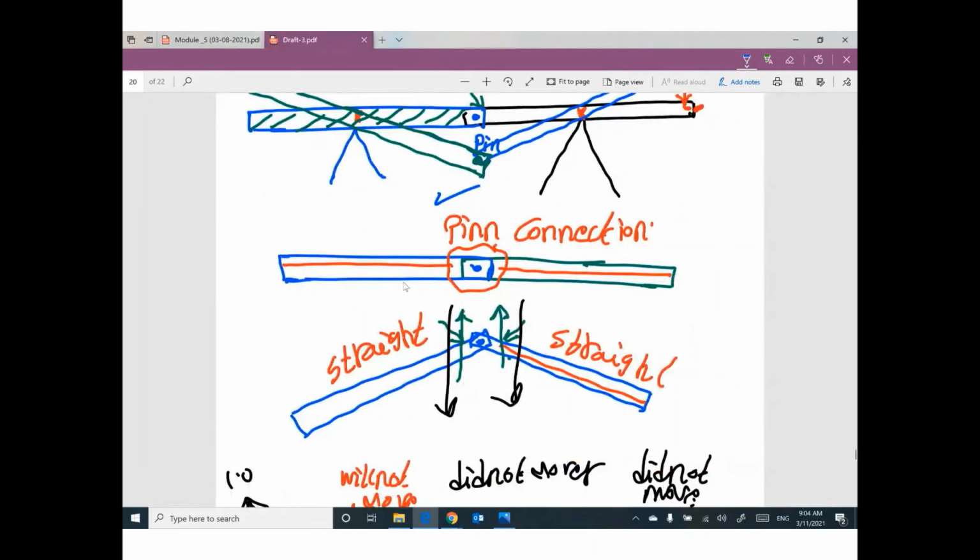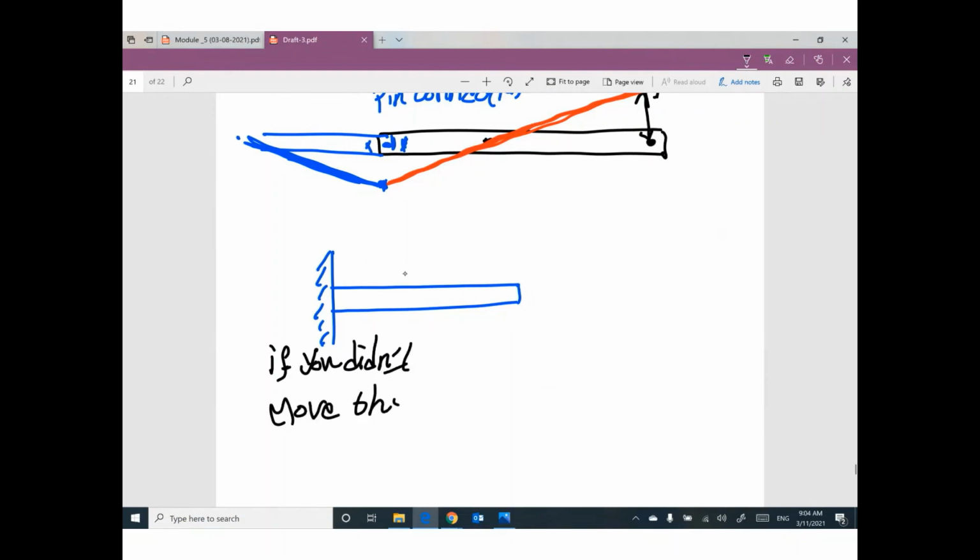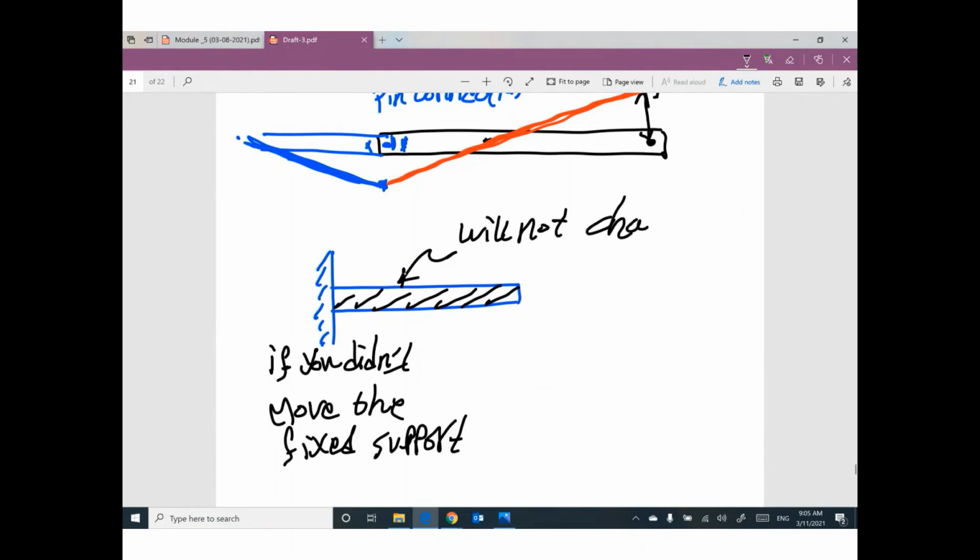Guys, believe me, if you have a fixed support and this part is attached to this fixed, if you did not move the fixed support, this beam will not change, because this part of the beam is supported by this fixed only.